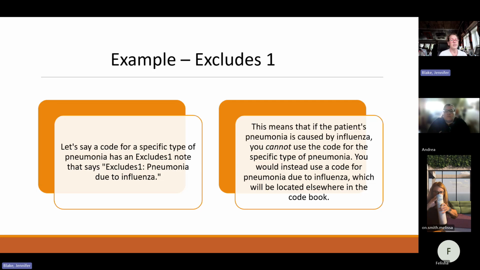If a patient has a specific type of pneumonia and it says excludes 1, pneumonia due to influenza, that means that the patient's pneumonia is caused by the influenza, that you cannot use the code for the pneumonia. You would instead use a code for pneumonia due to influenza. So it's just getting more specific and telling you that you have to go the extra step to do that.